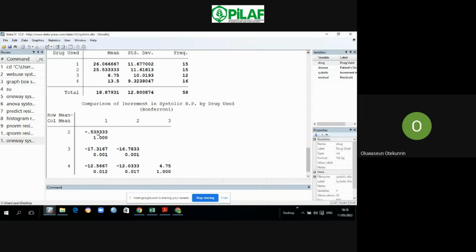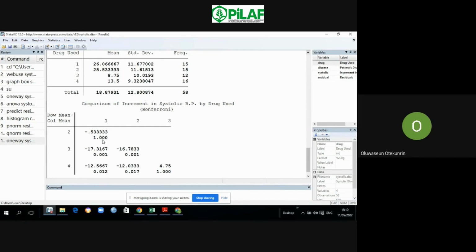The value immediately beneath that cell value, 1.000, is the p-value. If it is 1, it means it is not significant.